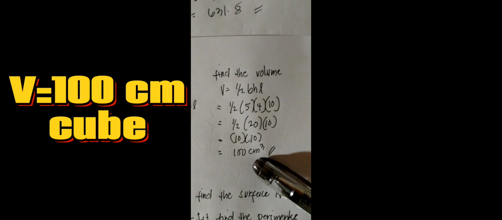Now, base 5, height 4, and the length is 10. And we just have to multiply them all. Then 5 times 4 is 20. Then the 1 half of 20 is 10. So as you can see, then 10 times 10 is equal to 100 centimeters cube, and that's the volume of this image.